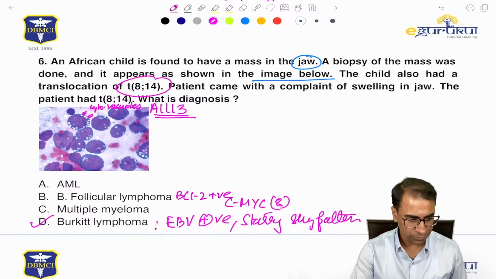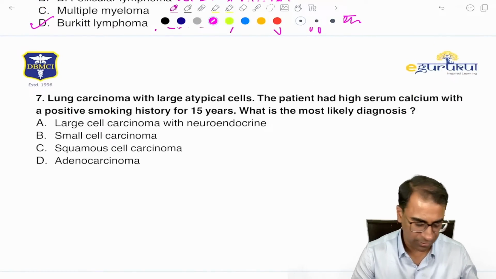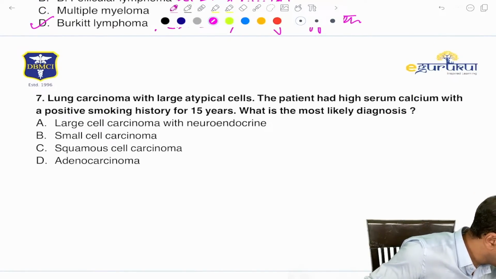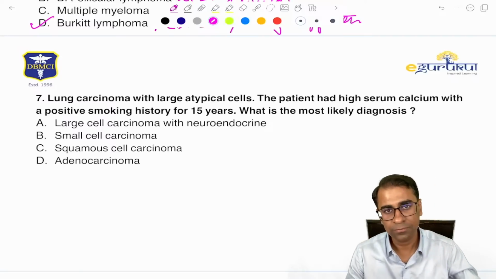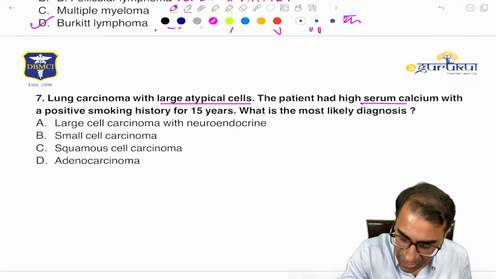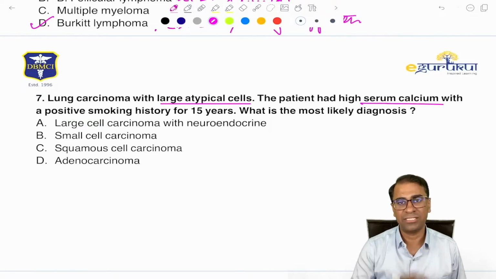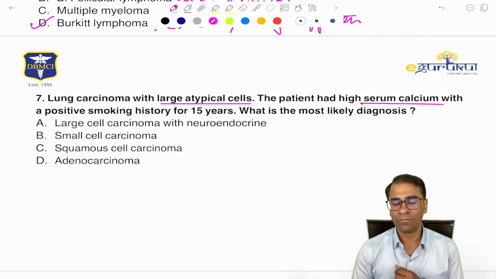Okay, let's go. A lung cancer with large atypical cells, tell me. Large atypical cells are there, but there is high serum calcium. Large atypical cell with a serum calcium, what should it be?